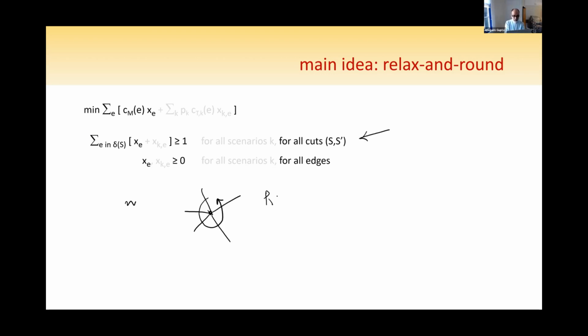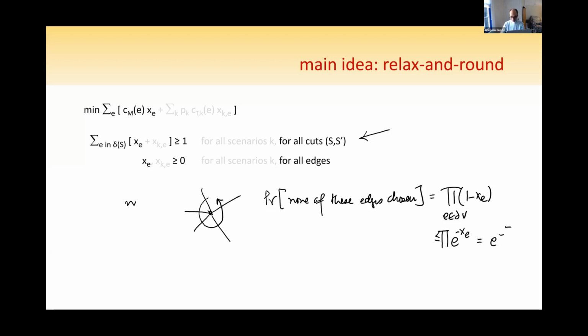So the probability that none of these edges is chosen is at most the product of e to the negative x_e, which is e to the minus 1, because of this constraint.